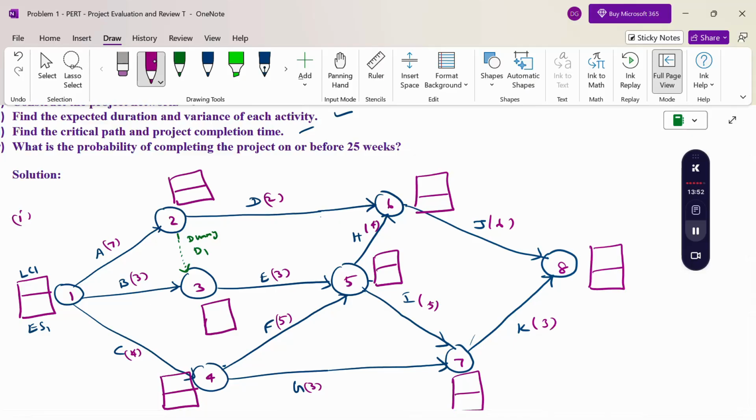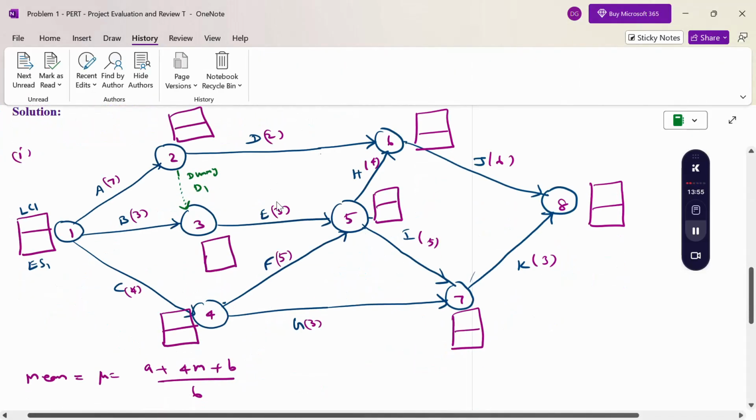So these are the durations. Now here I mention the durations.